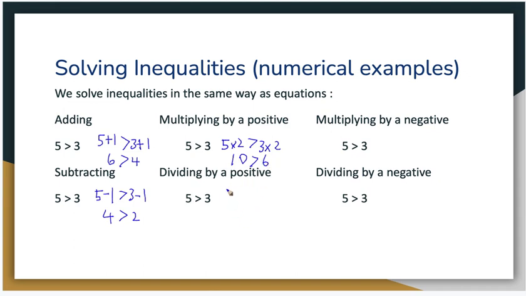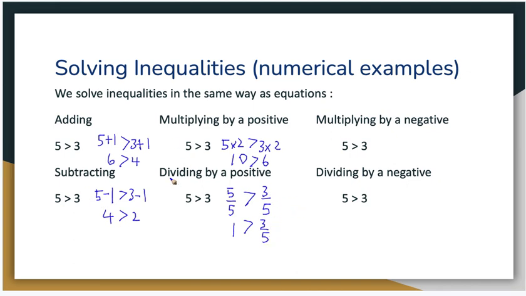And if we divide by a positive number, let's say 5, on both sides, then this is 1 is greater than 3/5.